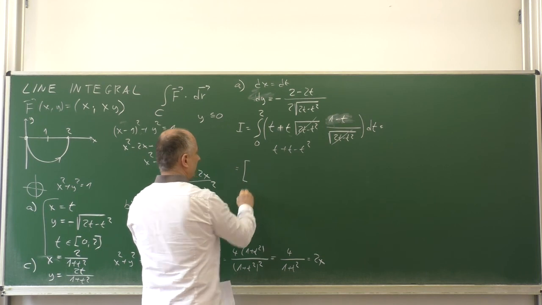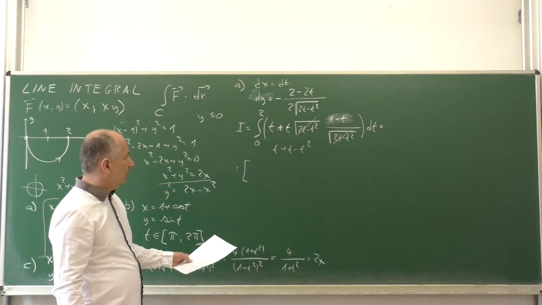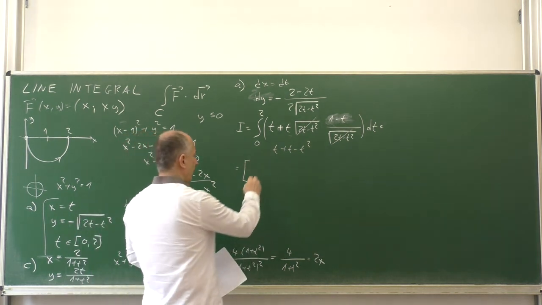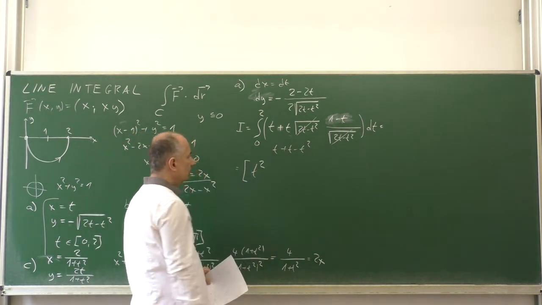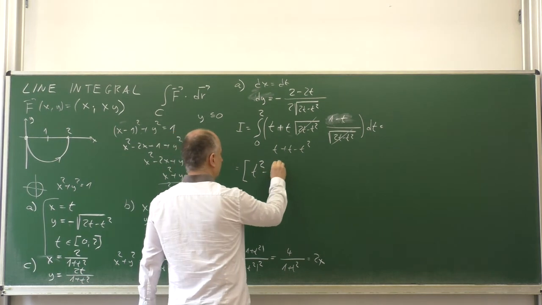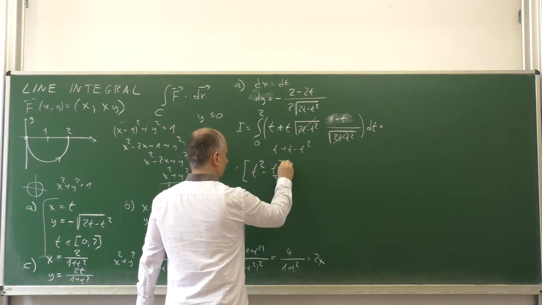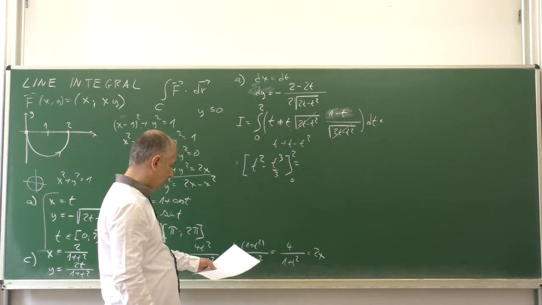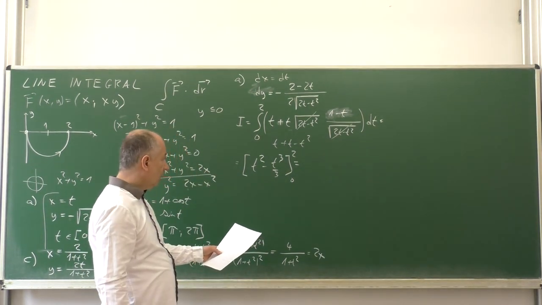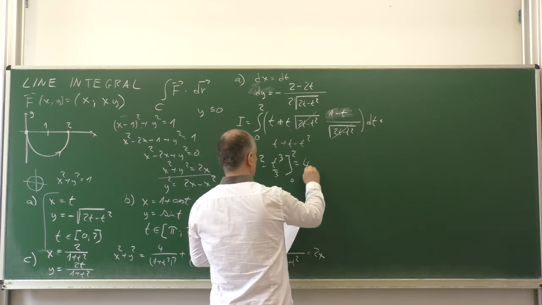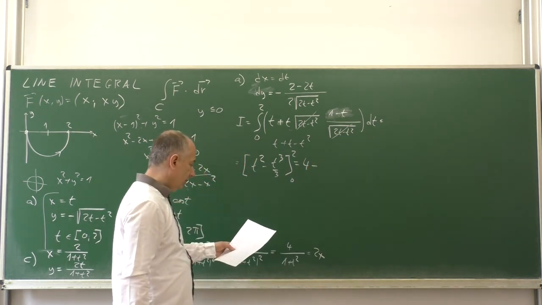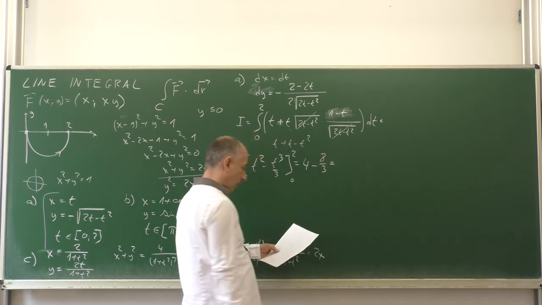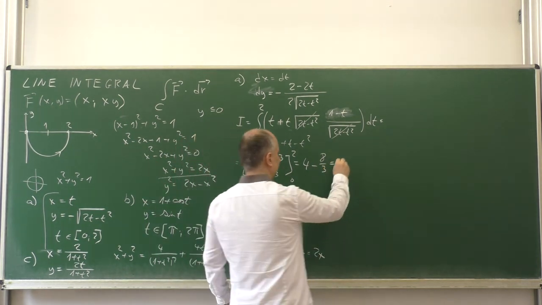So the antiderivative is 2t integrated is t squared minus t cubed over third from 0 to 2, which is 4 minus 8/3, which is 4/3.